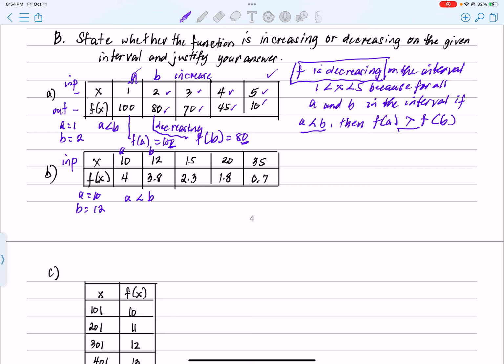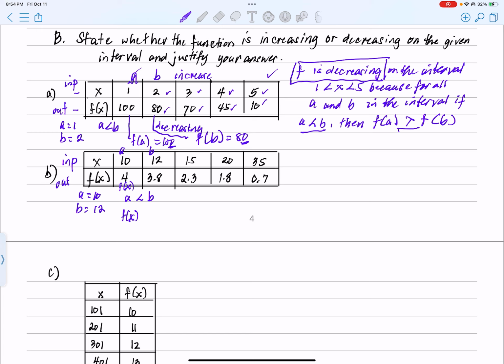All right? Let's look at the f of x. That means the output. So when A is 10, the f of x is 4, 3.8, 2.3, 1.8, 0.7. That means it's decreasing. Okay? So our f of x, when it's A, it's 4.